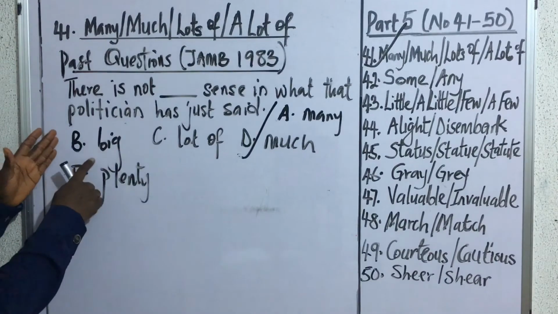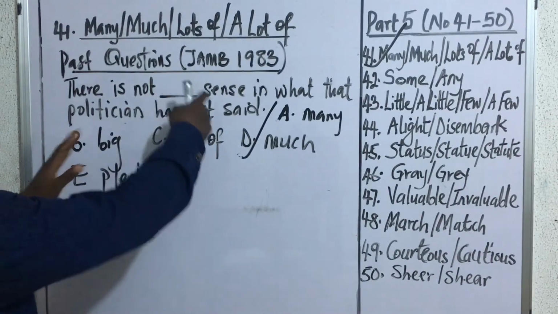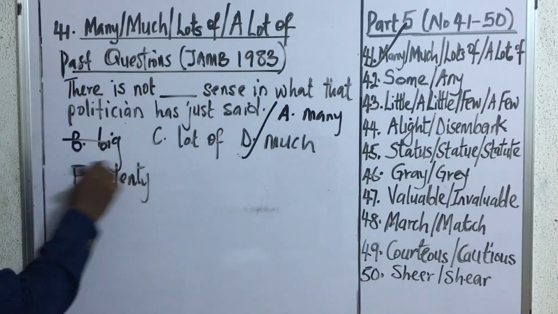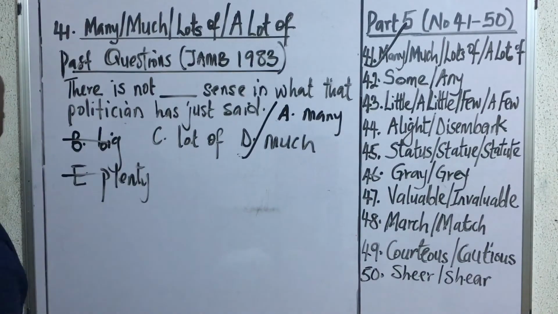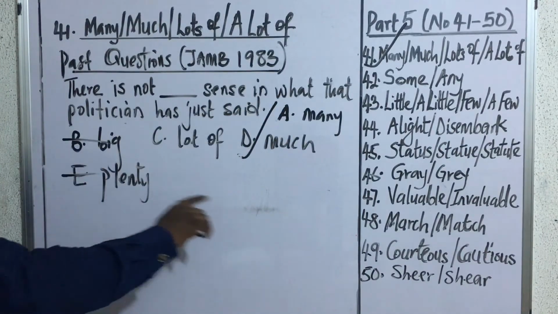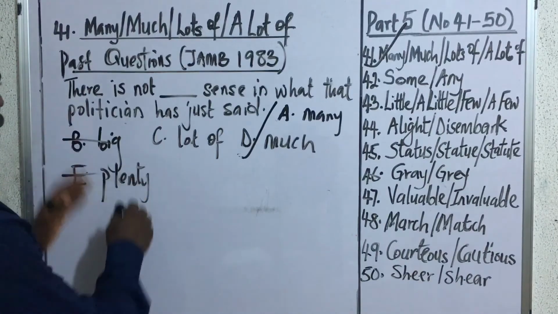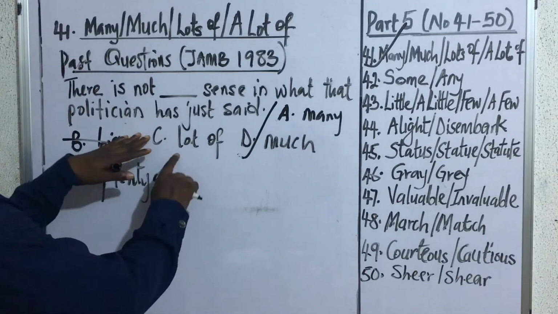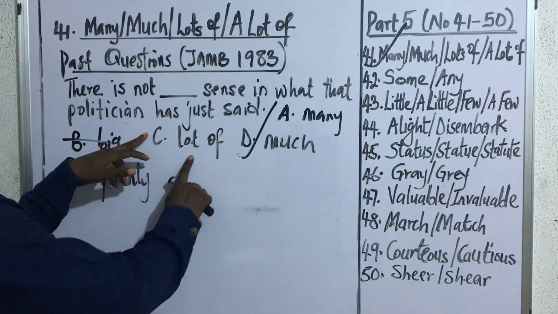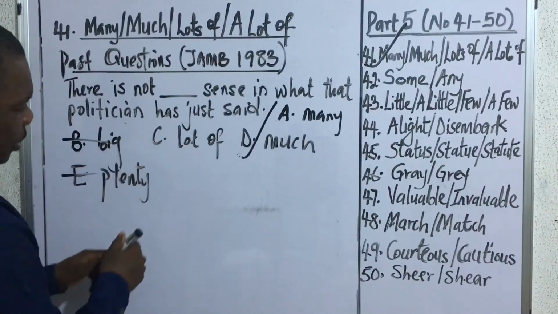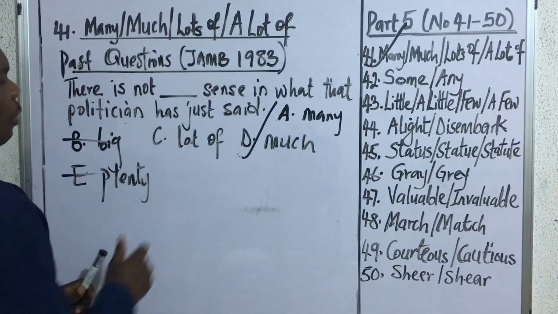But think about big and plenty. If you should use big and plenty, this expression is going to sound colloquial, to say there's not big sense, there's not plenty sense. So these two options just cannot go there. As for option C, this expression, lot of, cannot stand in this form.